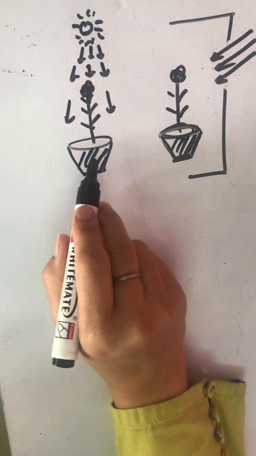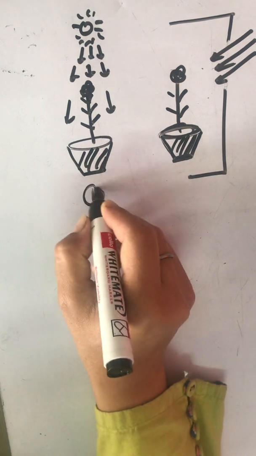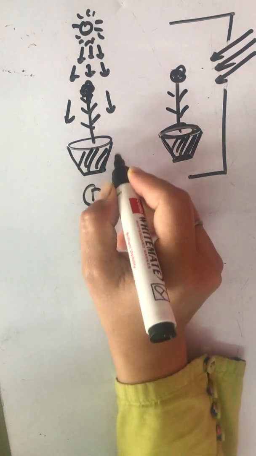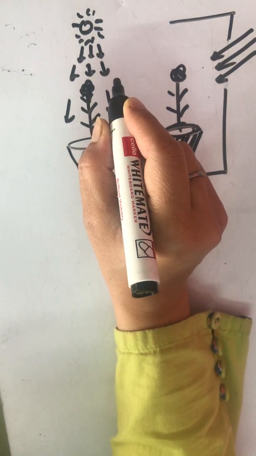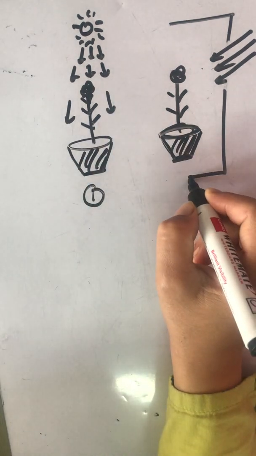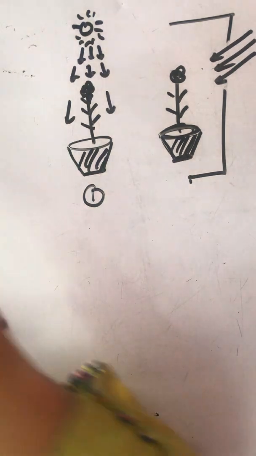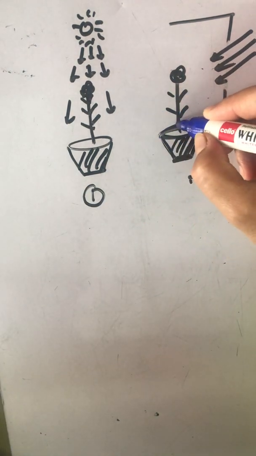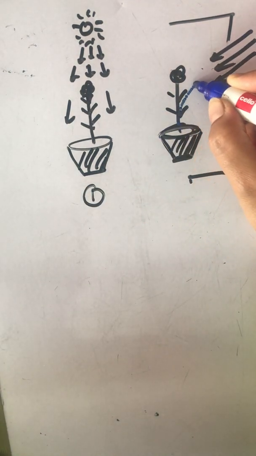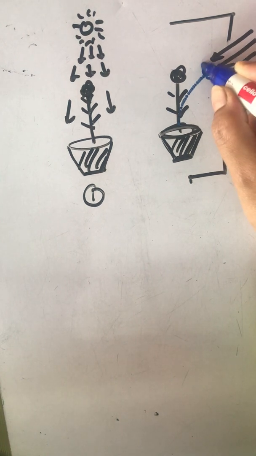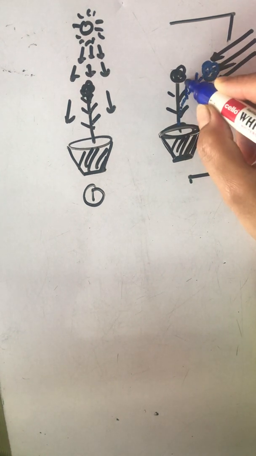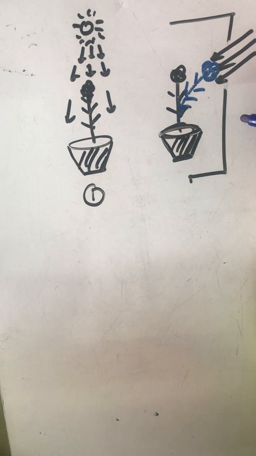We will notice that the first one will keep on growing straight upward towards light. However, the second one will show a different phenomena. Means it has grown by bending towards the direction of light. Why?